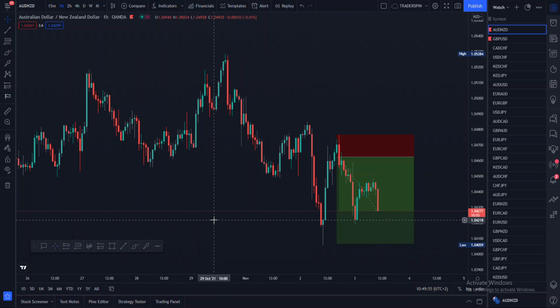So you use the trend lines, and then you use your Fibonacci retracement tool, and then you use your order blocks, and then you have your candlestick pattern to confirm your entry.